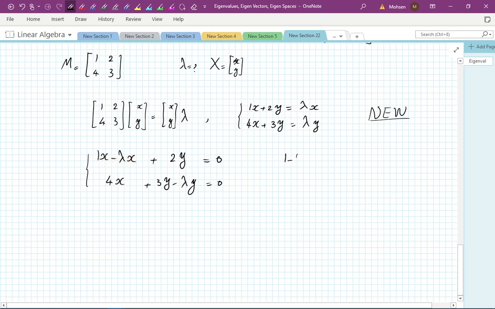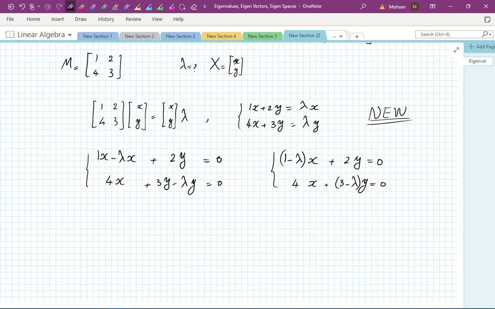I factored it. 1 minus lambda times x plus 2y equal to 0, and the second one is 4x plus 3 minus lambda times y is equal to 0. So I emphasize again, just be ready that you're looking at a new scenery now.